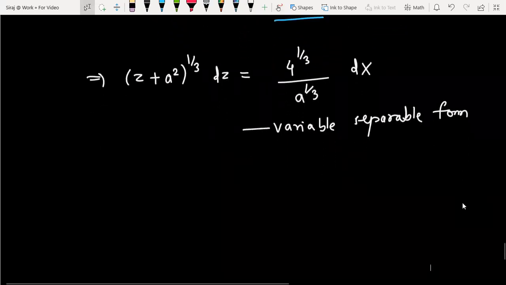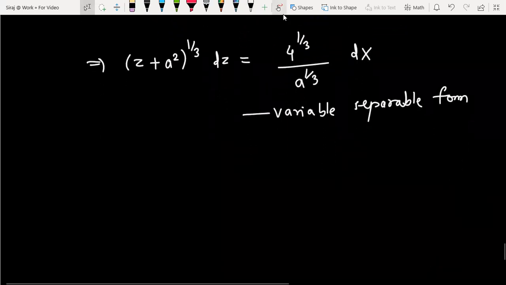After getting variable separable form we know that for finding its solution we have to integrate this equation.